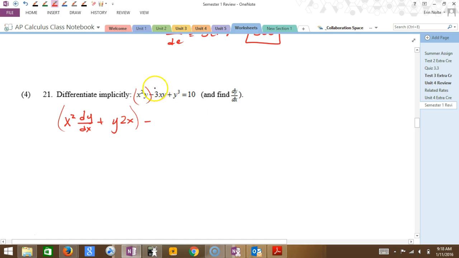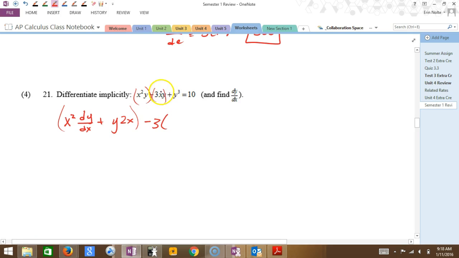What do I do on the 3xy? Product rule again. I'm going to separate the 3, if that's okay with you guys, and just do product rule between x and y. You can group the 3 with the x if you want, if that makes you feel better. That would be the same thing, but for me it just seems easier.